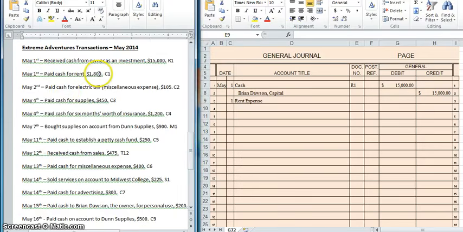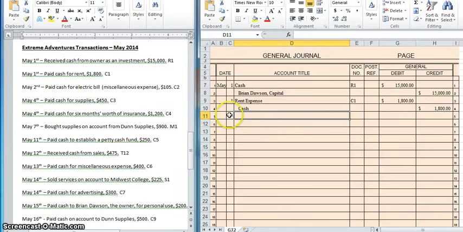We paid $1,800 for rent, and C1 was my document. C1, 1,800. Now we already discussed that my credit is cash. So directly below rent expense, I'm going to put cash, credit of $1,800. And I've got another transaction done.